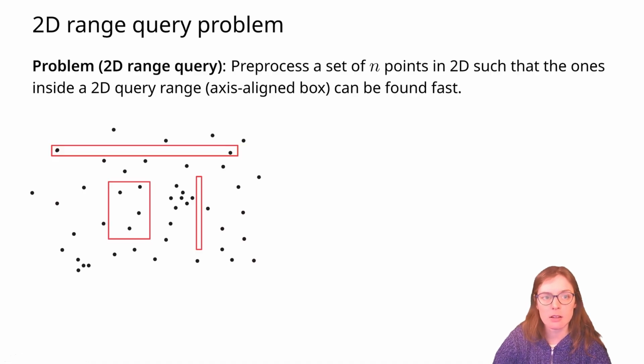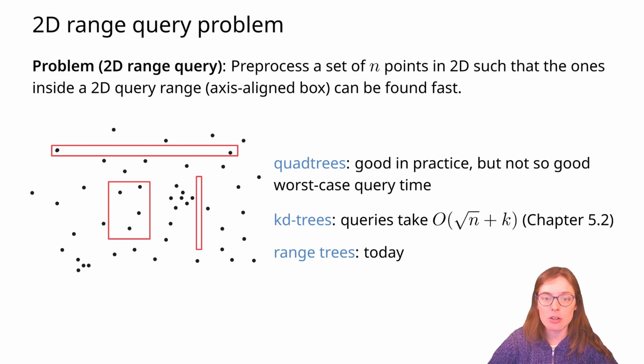Now let's consider the two-dimensional range query problem. Given n points in a two-dimensional plane, we want to report all the points that fall into a two-dimensional query range, which is an axis-aligned box. Some of the data structures that can solve this question that you may have heard about are quad trees and KD trees.